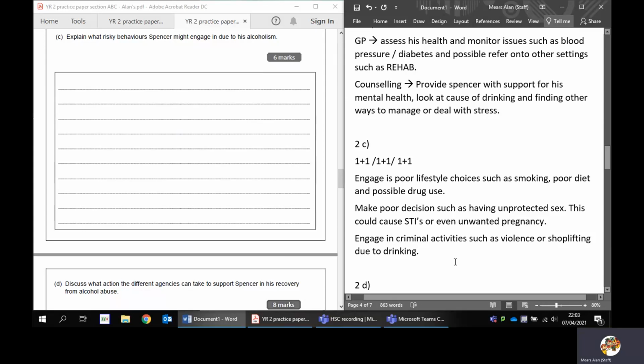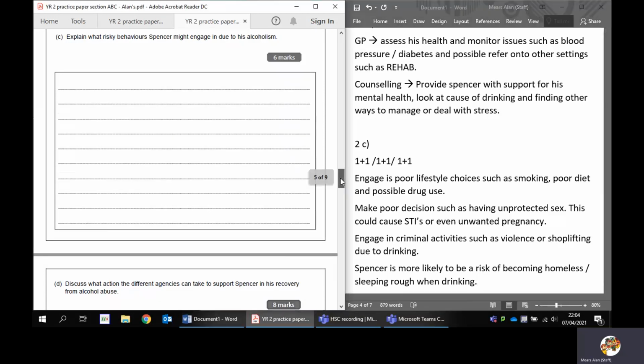If you were ever unsure, you could have a third. Spencer is more likely to be at risk of becoming homeless or sleeping rough when drinking. So if you're ever unsure about one of the points, throw an extra one in, just to give you that little cushion if you're worried about it.